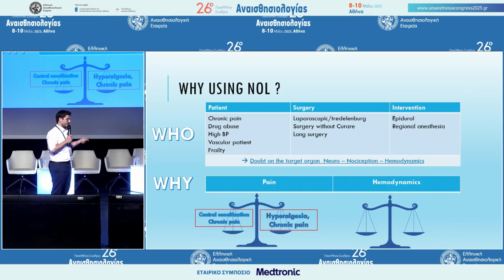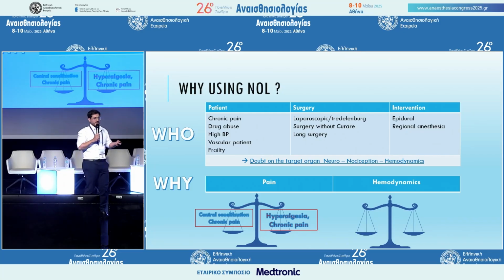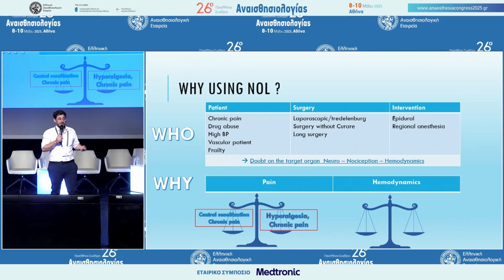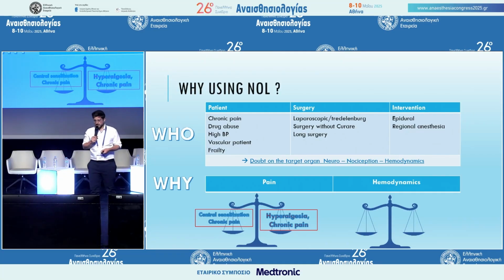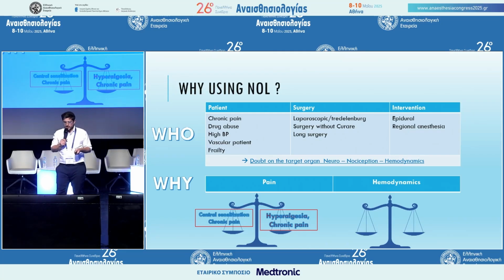So a patient came for surgery because of pain from organ function, and after the surgery, you will get neuropathic pain. It's not that clever. And if I'm giving less than necessary, I will get central sensitization and also chronic pain.